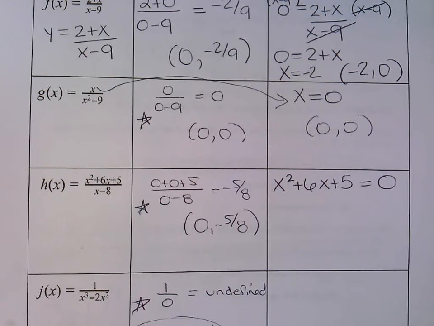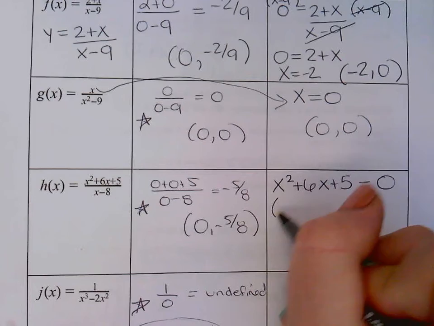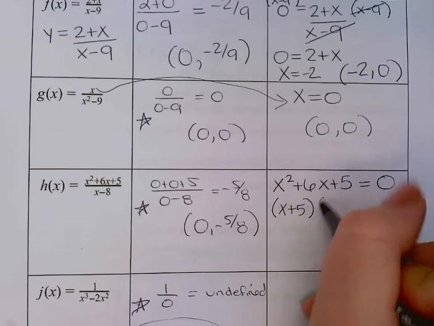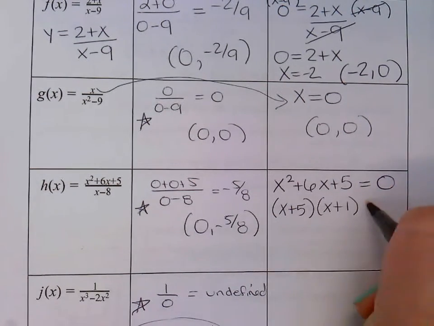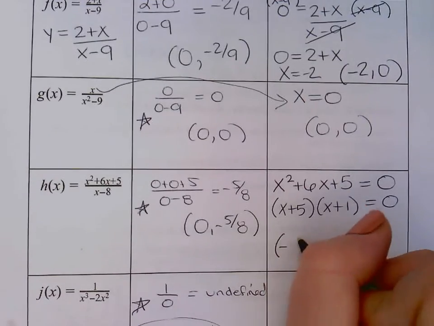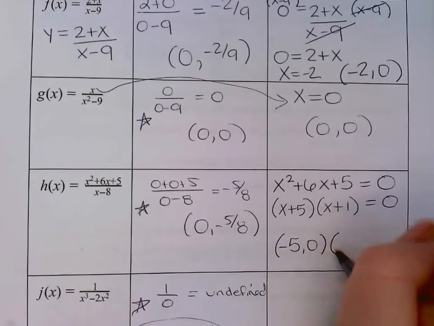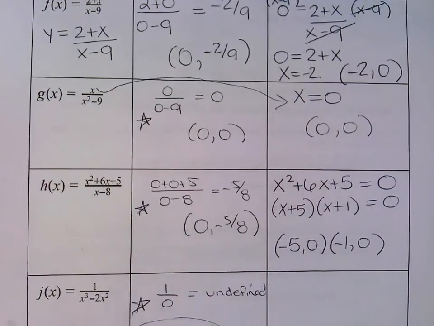So you might have more than one x-intercept. All right, so x plus 5, x plus 1 equals 0. So my two x-intercepts would be at -5, 0, and -1, 0.